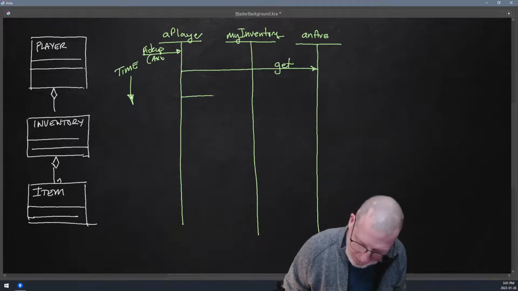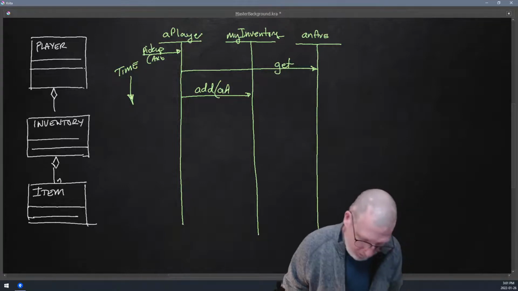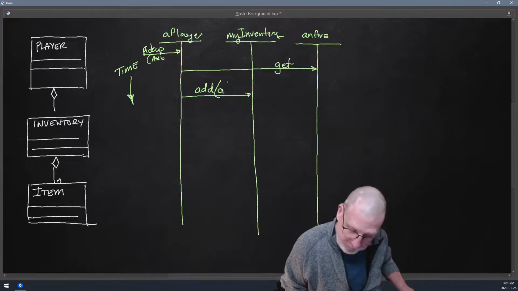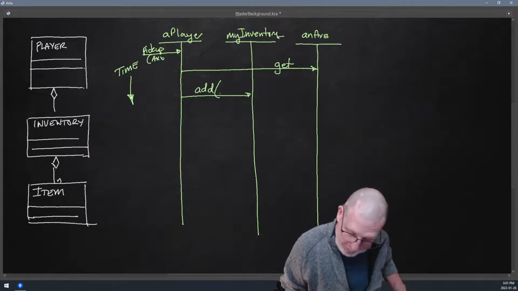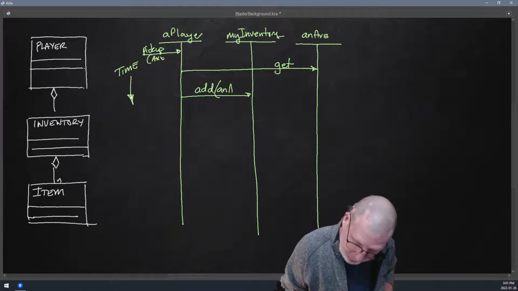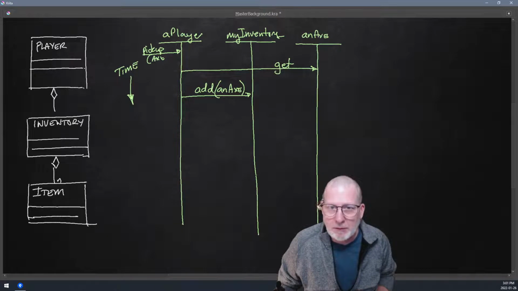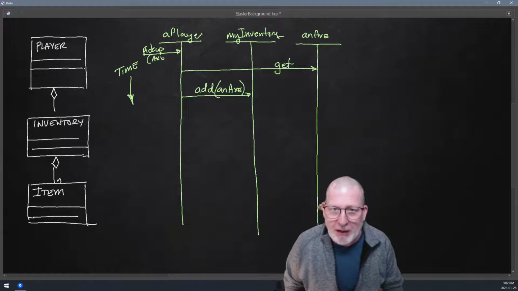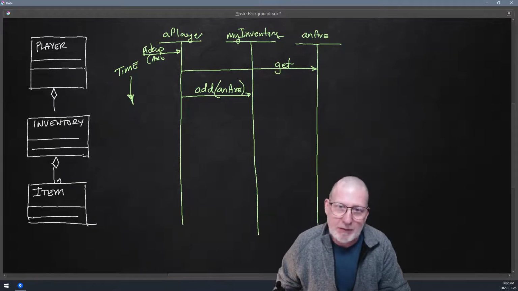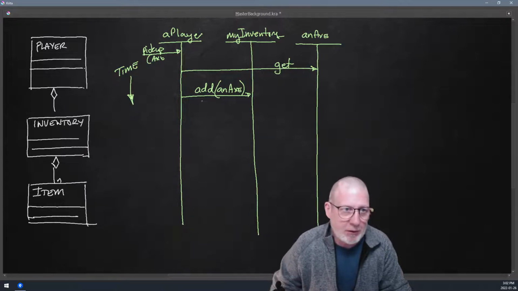And then it's going to tell its inventory, we're going to add an axe, right? If there's any other information that has to go back and forth, we can list the activities here. Each one of these things is an action. You notice they're verbs, they're action words.